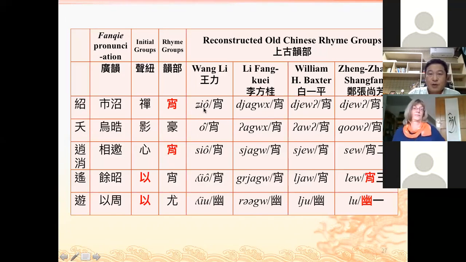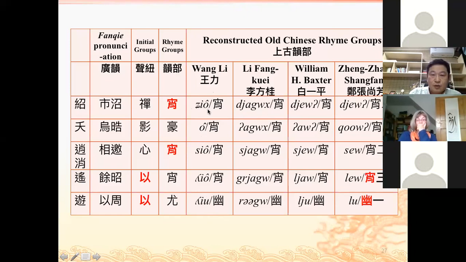So in this table, I'm going to show you the sound relations between these words. For example, here I put Wang Li, Li Fanggui, William Baxter's and Zheng Zhang Shangfang's reconstructions of these words in Old Chinese.